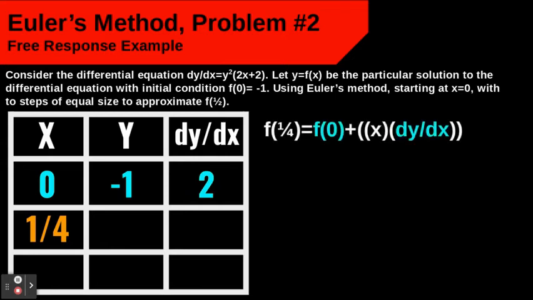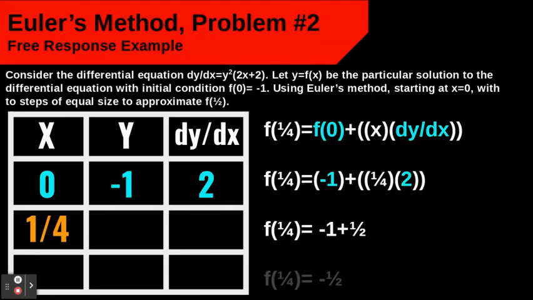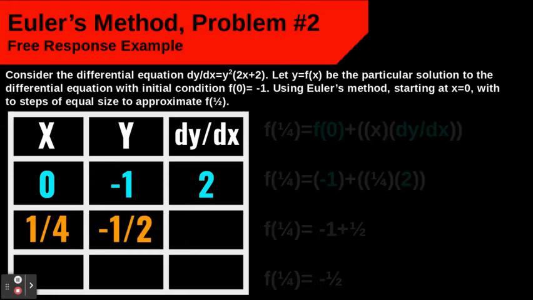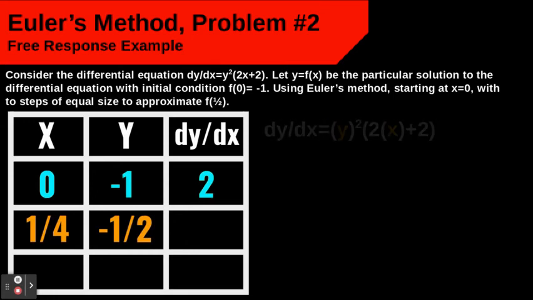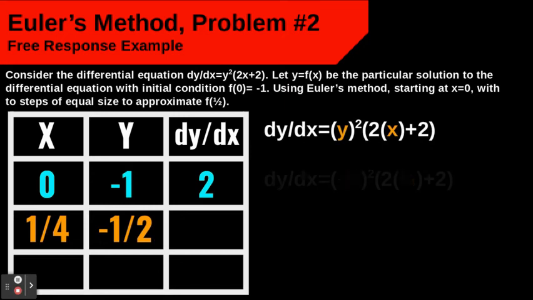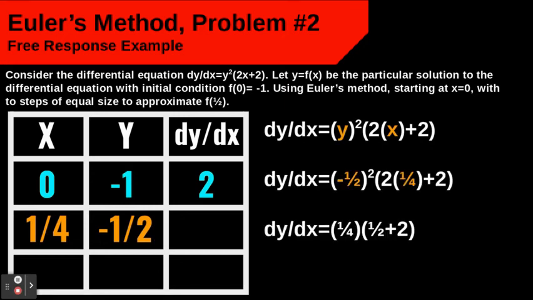Then we solve for y again, using our initial condition and our differential equation that we solved, plugging the numbers in and getting our new y value of -1/2. Then we solve for the differential equation again at this new point, plugging our variables in again and solving to get 5/8.